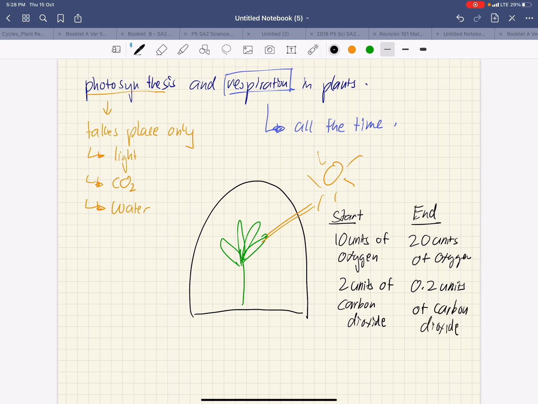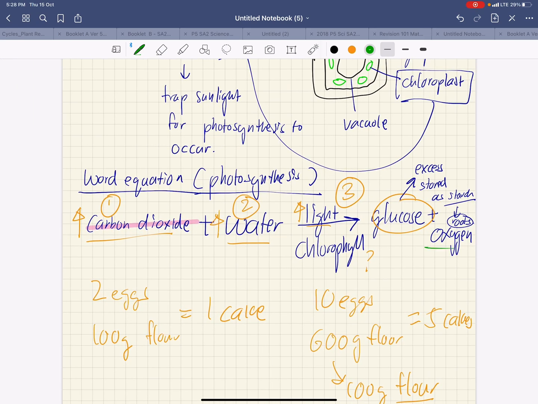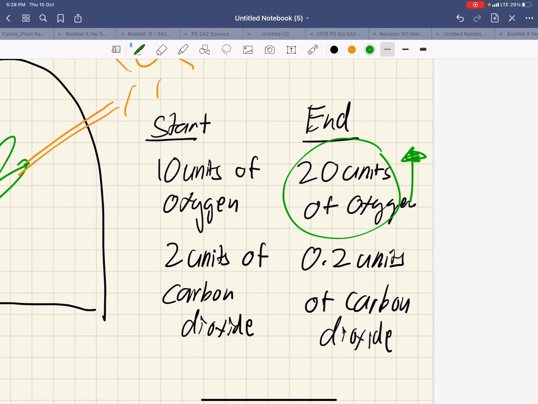So because of this, people tend to think that photosynthesis has occurred only. Why? Because there is an increase in your oxygen. We know that according to the word equation, oxygen is produced as one of the main products. So if photosynthesis is happening, the oxygen level should go up, which is what the experiment has shown at the end.